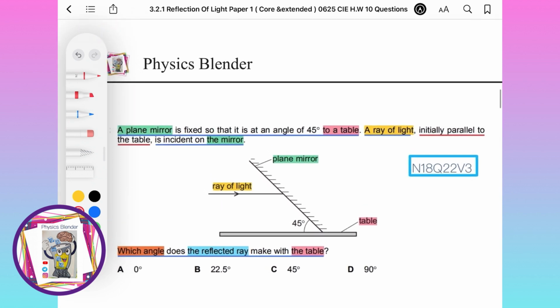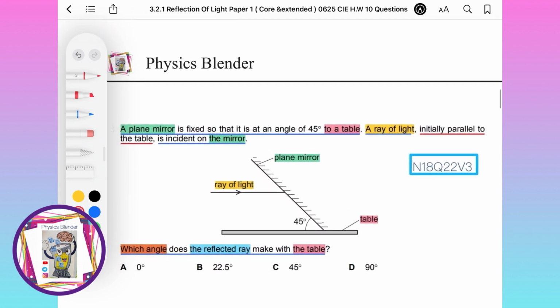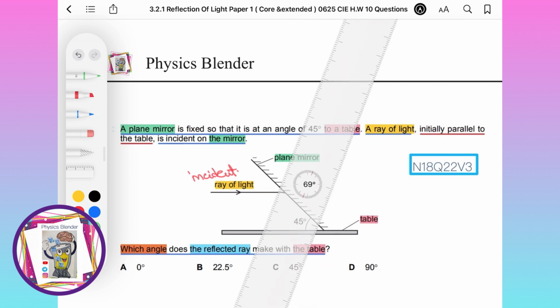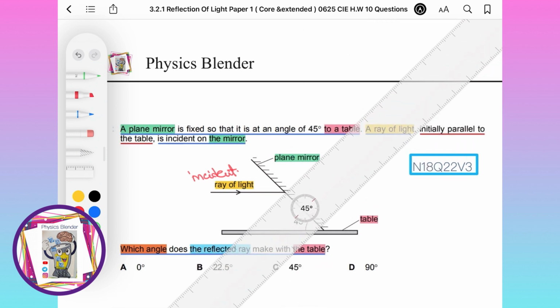Here we have a plane mirror and you have the incident light ray here, and you have to draw the normal, so you can simply know it is at right angle to the reflecting surface, to the mirror.